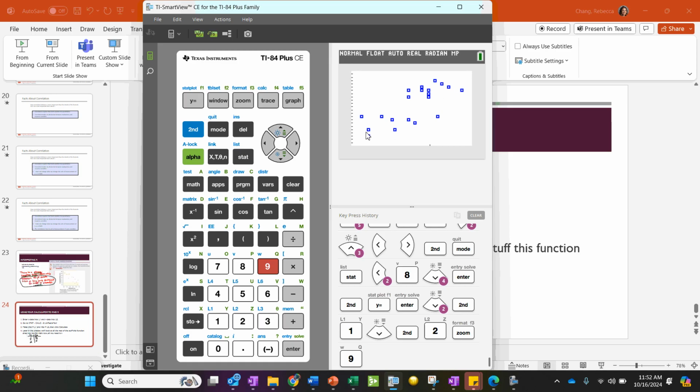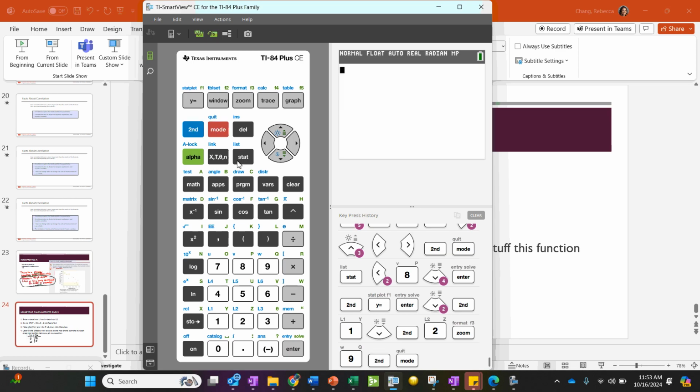And if I look at this, I mean, I know we just saw the R value, but I would probably say that there is a positive, relatively linear relationship here. And I'm not sure about the strength. It's definitely not super strong. I know that my R value is not going to be very close to 1, but how strong is it really? That R value is going to help you make that decision.